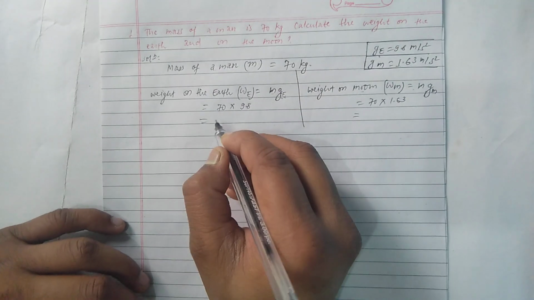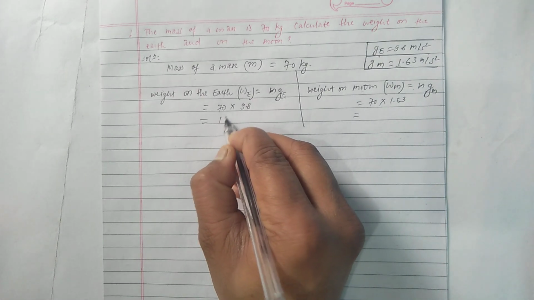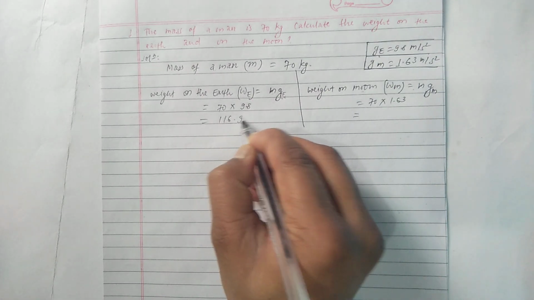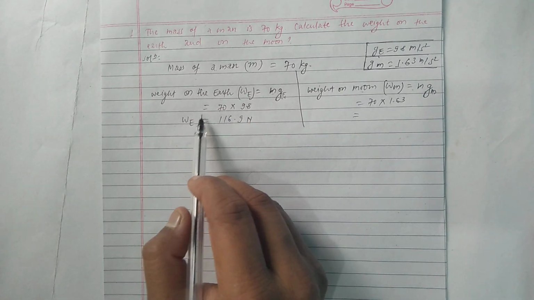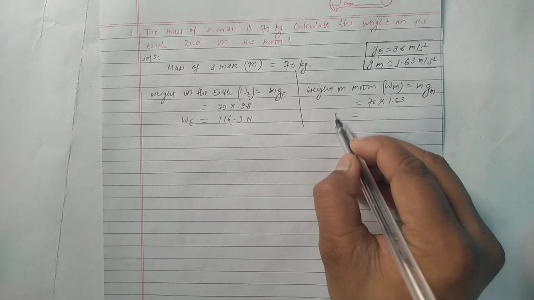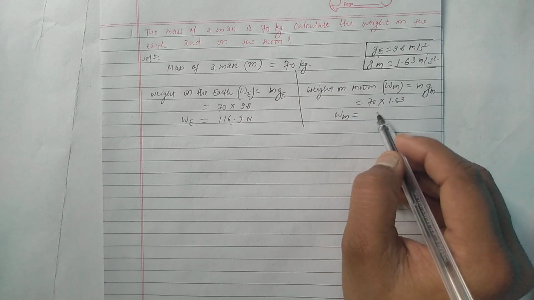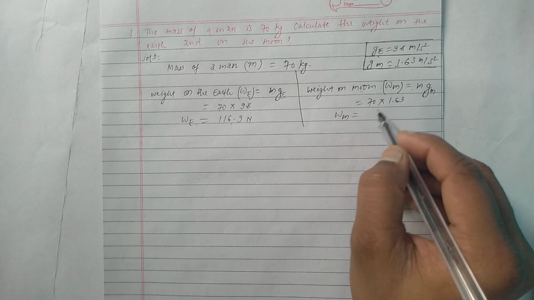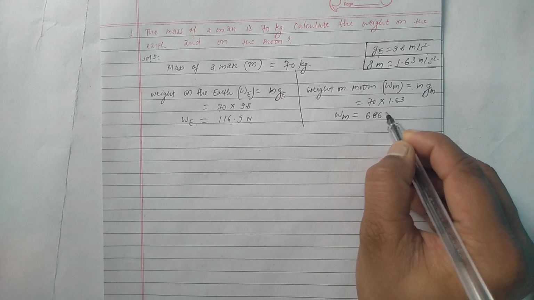After calculating we get both the values. This value becomes 116.9. This is the weight. See here, weight of man on earth equals 116.9 Newton, but the weight of man on the moon equals, calculate this value in calculator, you get 186 Newton.